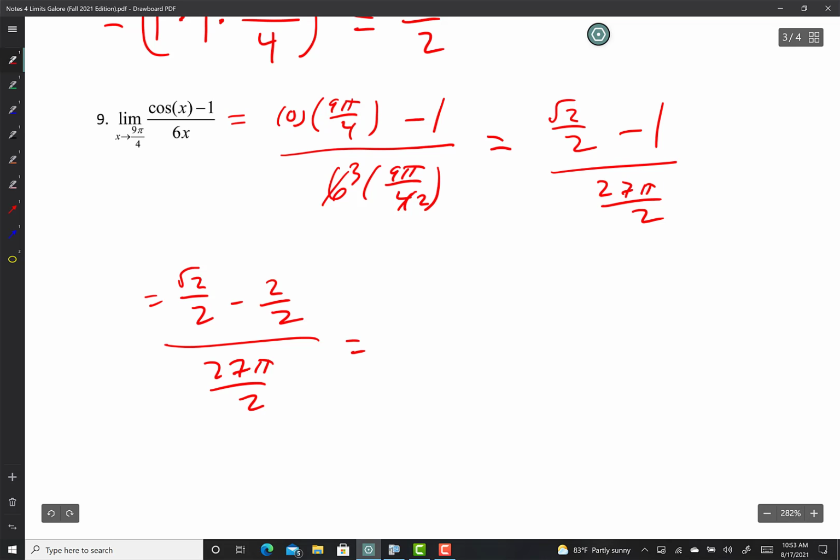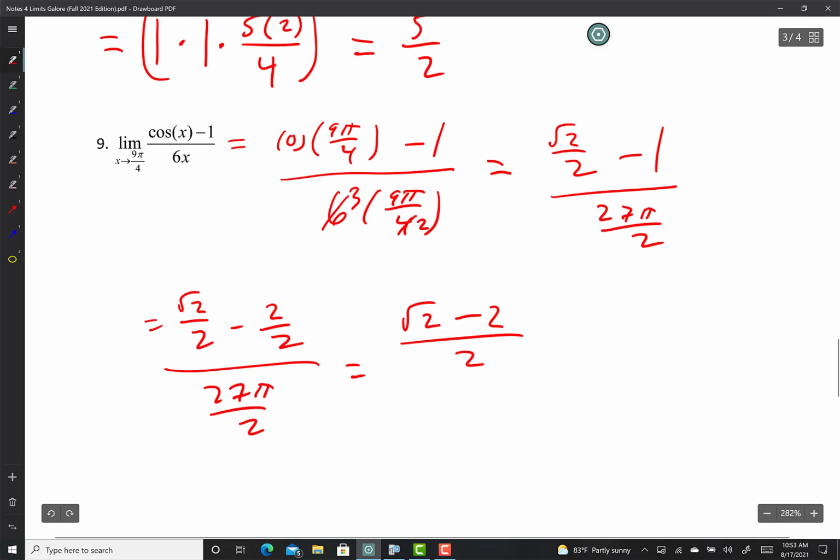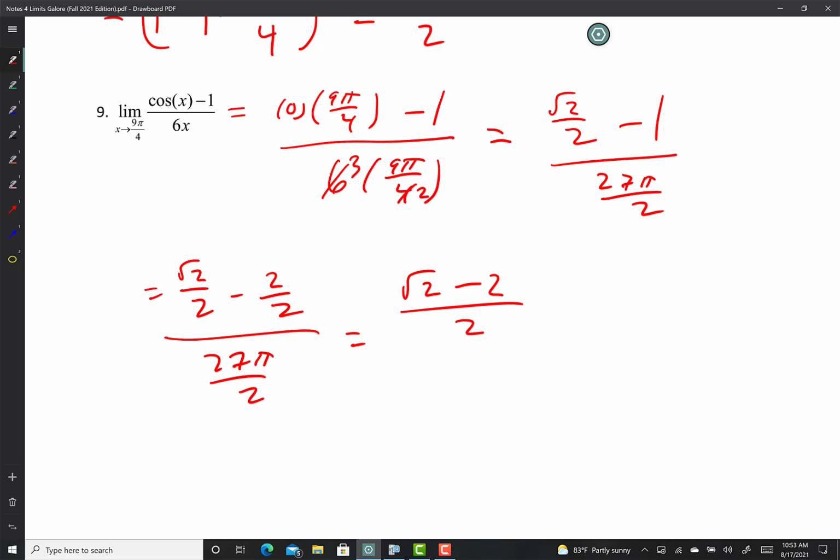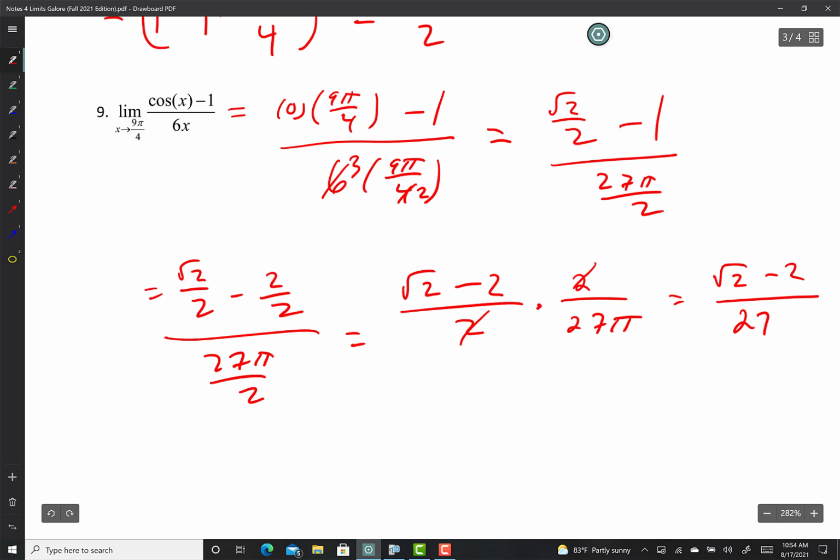And a lot of you can already see what we're doing. Square root of 2 minus 2 over 2 divided, well, I guess I'll slow down. Keep, change, flip. The 2's cancel out, these two specifically. So square root of 2 minus 2 over 27 pi.